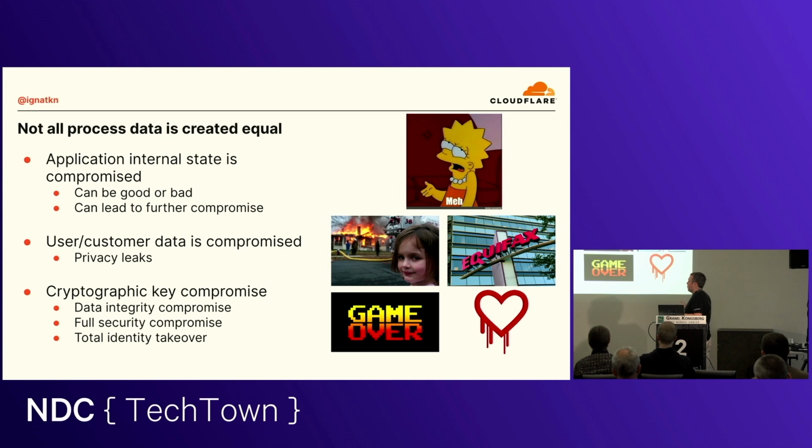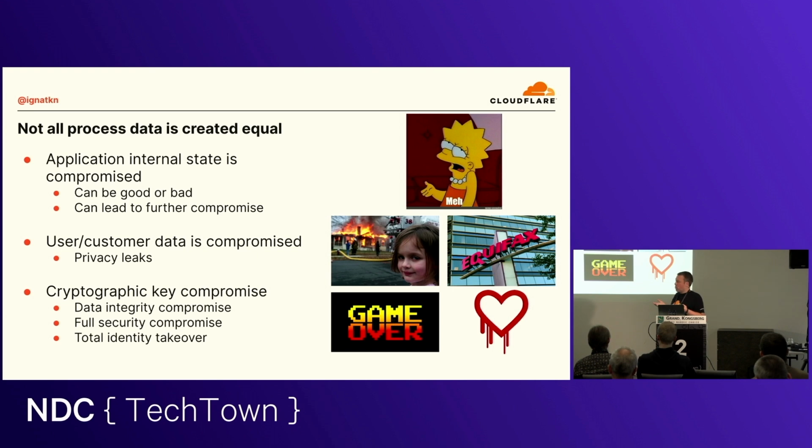And this is game over, right? It's a data integrity compromise, full security compromise, and total identity takeover. So this is why, when we think about protecting application data, we probably need to focus on better protection for cryptographic keys and user and customer data.